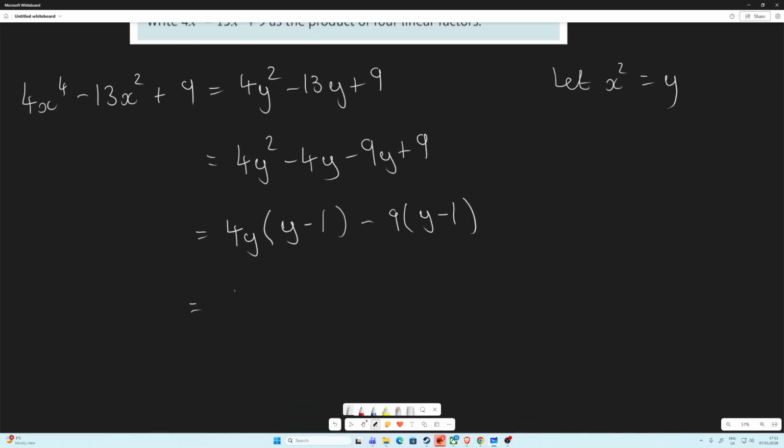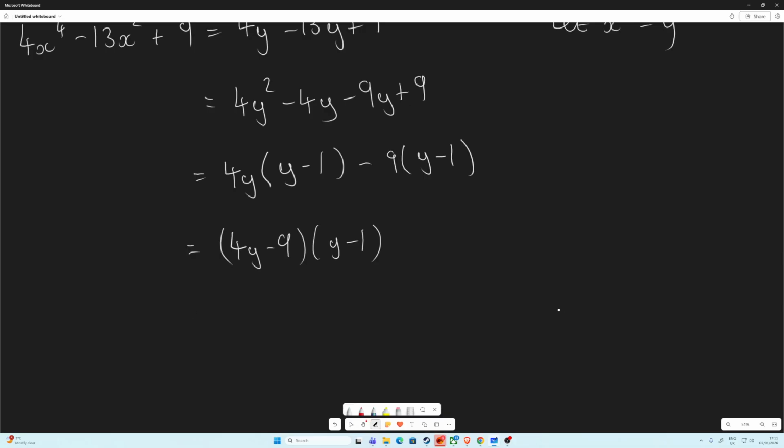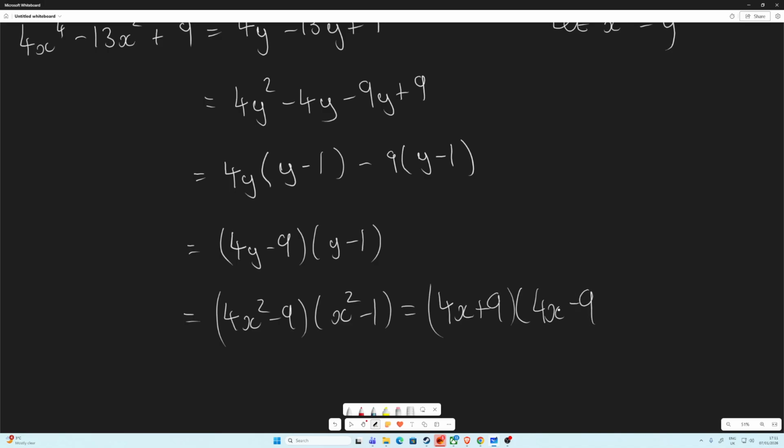So this is equal to 4y minus 9 times y minus 1. But remember, y is just x squared. So this is equal to 4x squared minus 9 times x squared minus 1. Both of those are just differences of 2 squares, so that's 4x plus 9 times 4x minus 9 times x plus 1 times x minus 1.